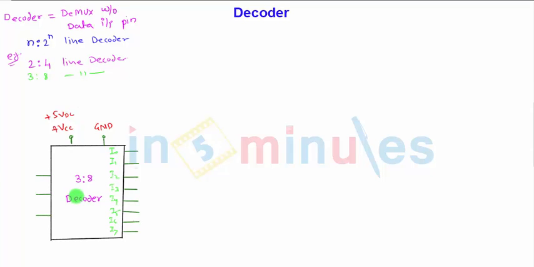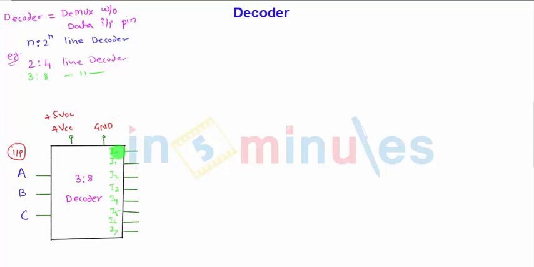Now for the 3 line to 8 line decoder, there is an input section with 3 inputs, input A, B and C. These are the input lines or data lines, which will be decoded into 8 parts. That is nothing but the output of the IC, I0 to I7, which are nothing but the min terms.